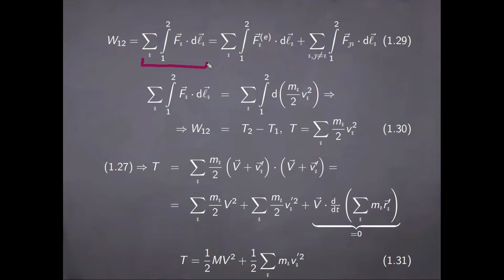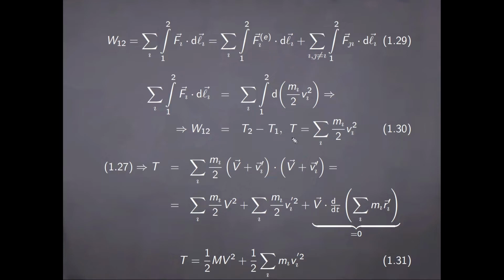Written in the general form here on the left-hand side, the result is quite trivial. We already know how to do it for a single particle. So each such integral is equal to the difference in kinetic energy between the endpoints of the trajectory for that particular particle. So when summing everything up, the total work amounts to the difference between the total kinetic energy of the system in the initial and final state.